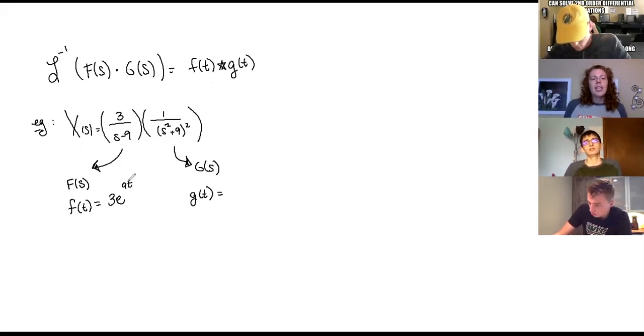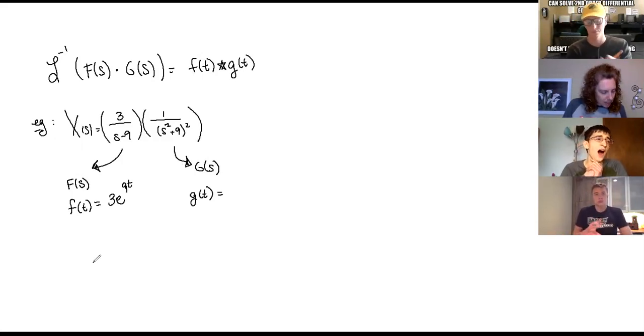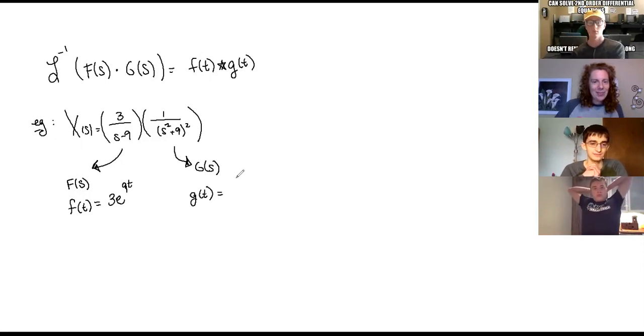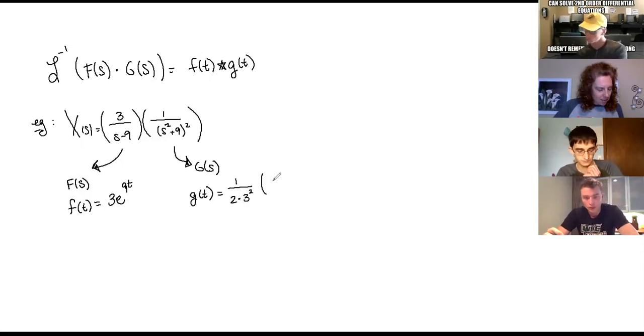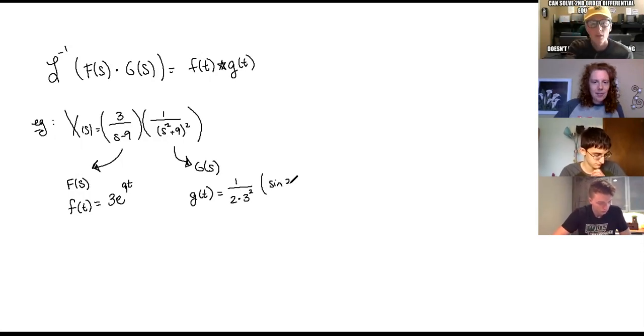First one should be 3e to the 9t. That's a 9 and not an a. And then the second one should be the messy one. It should be 1 over 2 times 3 squared, and then sine of 3t.